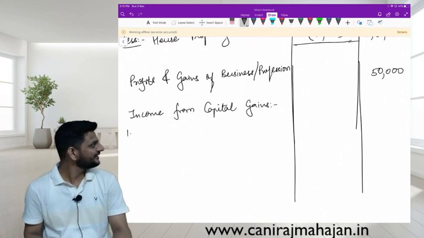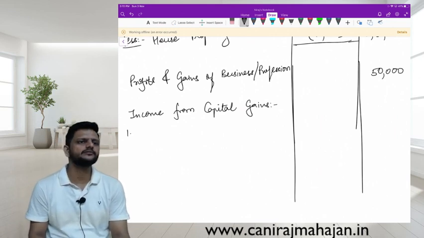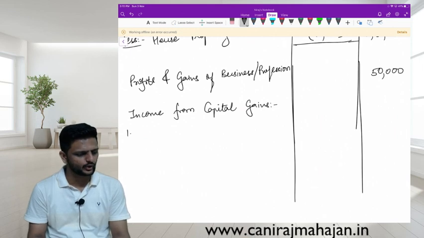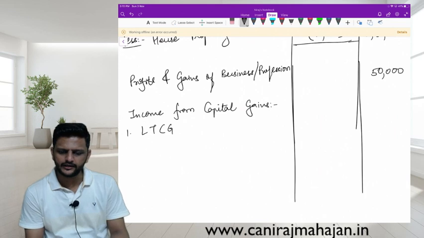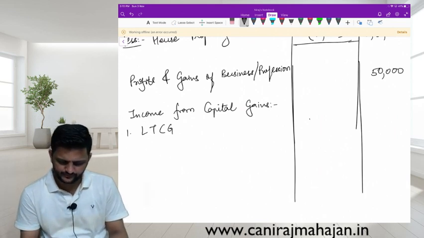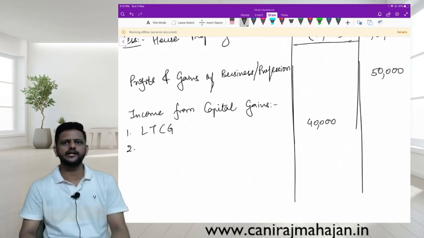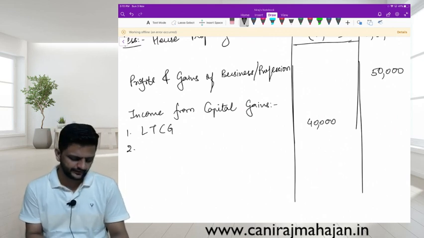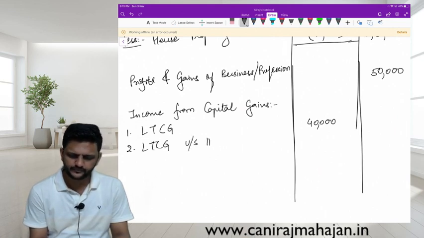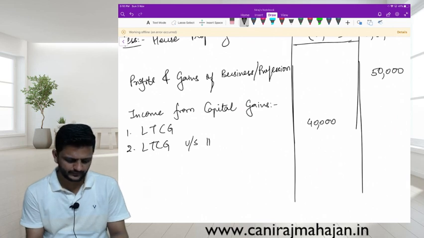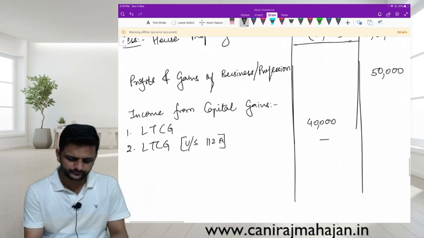Income from capital gains. Do you have just LTCG? Long term capital gains, yes or no? Yes. LTCG, how much? 40,000? Fine, clear. I'll club this with LTCG of 112A, correct? How much? 10,000?